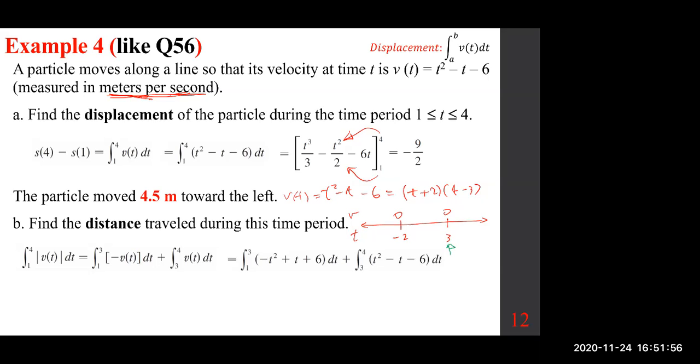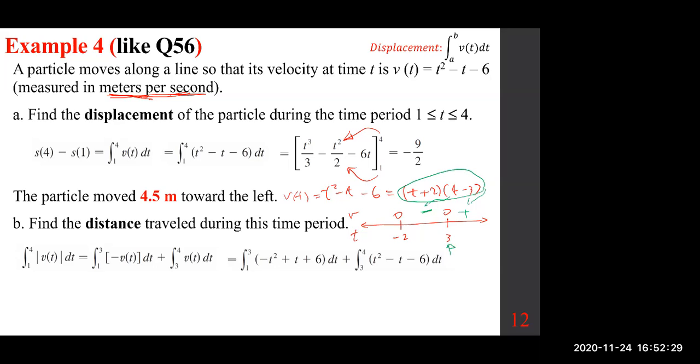So to the left of 3, if you pick a number such as 0 and you plug in, okay, you get positive times negative, so this becomes negative. And to the right of 3, such as 4, you get positive. I hope you understand what I'm saying. I'm just plugging in the number into this and to figure out. This is called the sign graph. So that means it's negative to the left of 3, okay, and positive to the right of 3.